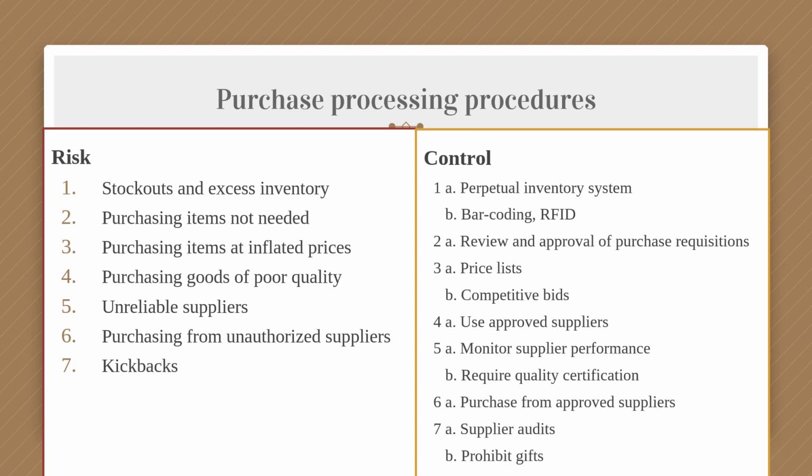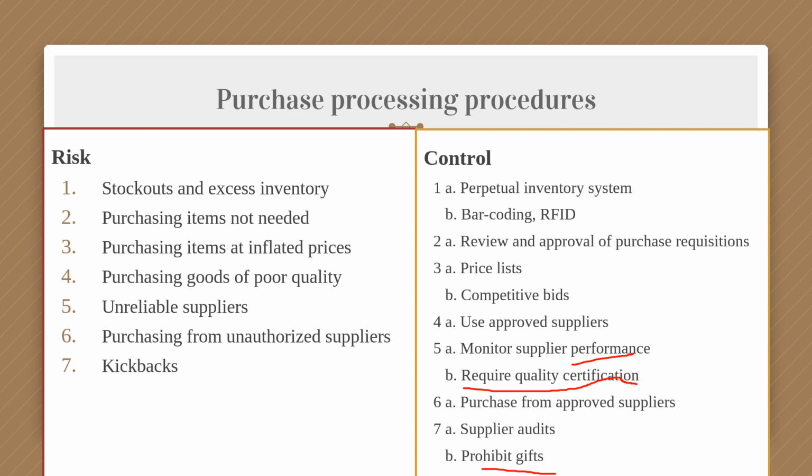So we have two controls. A is monitoring supply performance, and then requiring quality certification by suppliers. Okay, kickbacks: supplier audits, and prohibit gifts. Kickbacks means receiving gifts from the suppliers to ensure that they supply to the company.